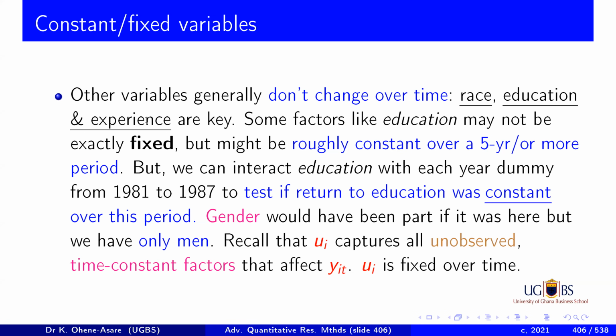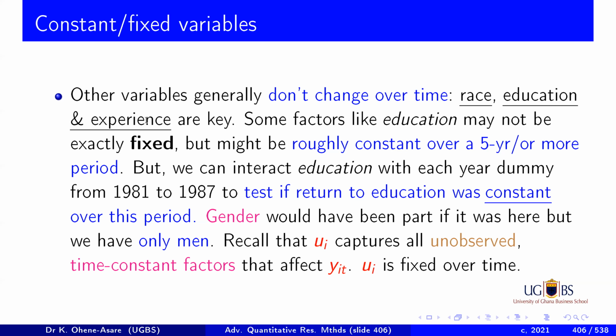But some of the variables that you have considered to be fixed, you can interact with the year dummy. So you can interact education with 1981. Why are you doing that? Because you want to test if the wage was constant over this period of time, whether the return to education was constant. Now, if there were females, gender would have been part of the fixed variables.